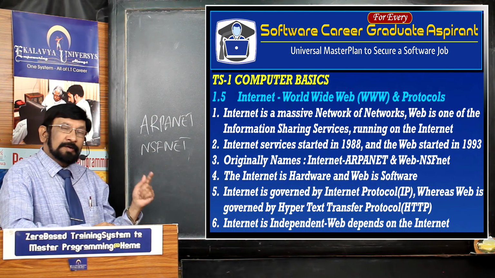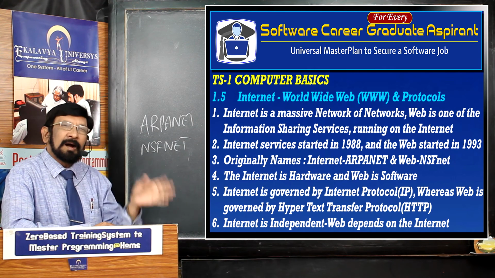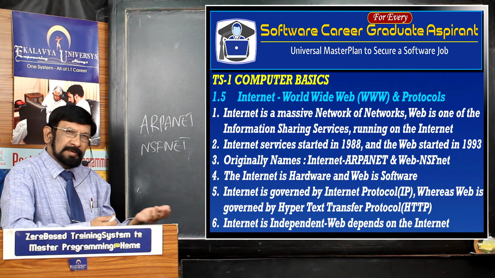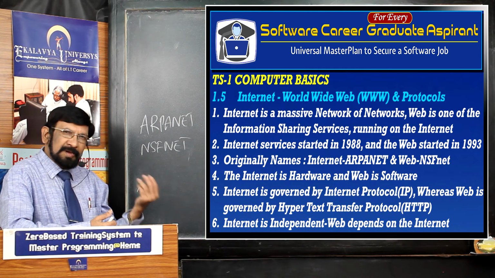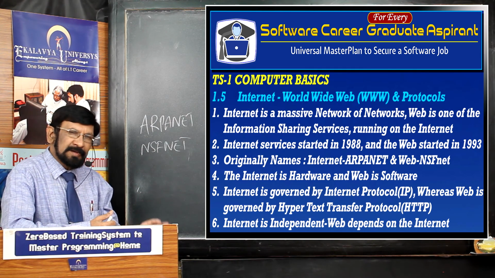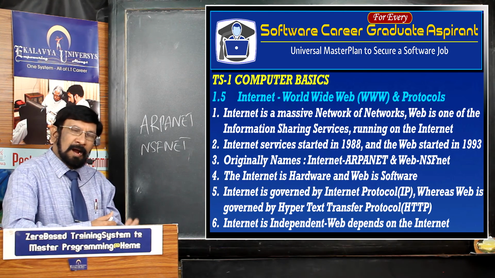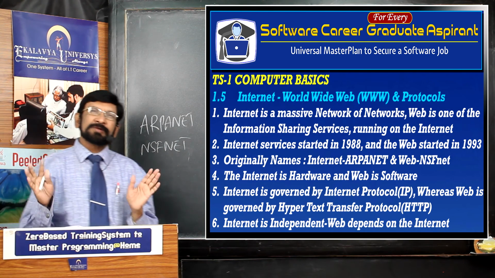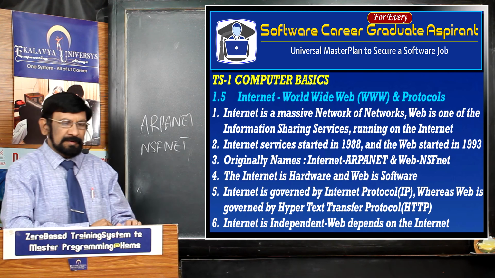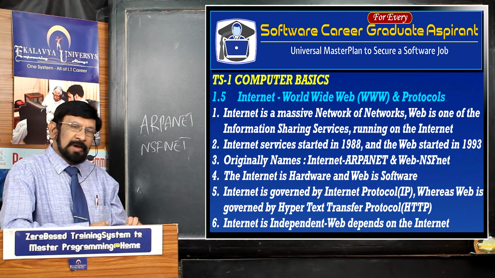Thereafter, what you understand, internet is hardware, means it consists of wires, plugs, connections, ports, etc. and all that. That is hardware. And web is purely software. It is nothing but information and protocol system.